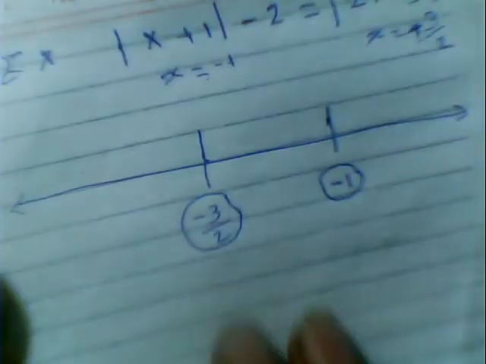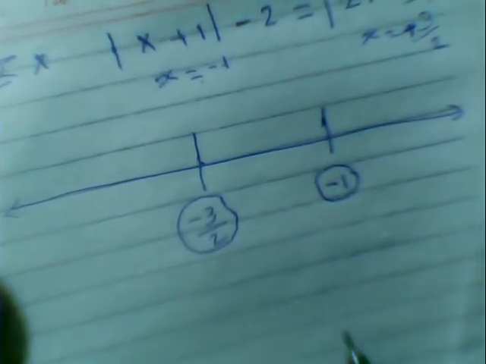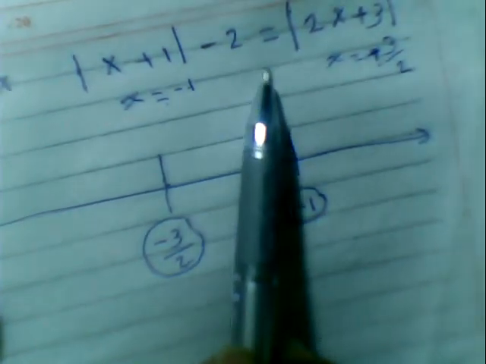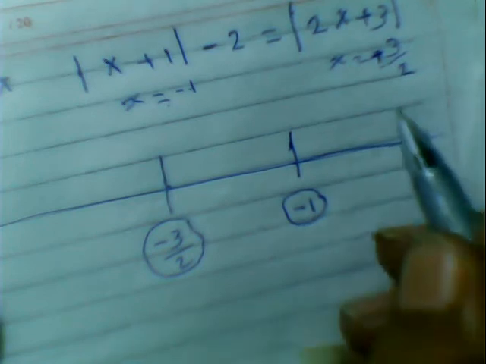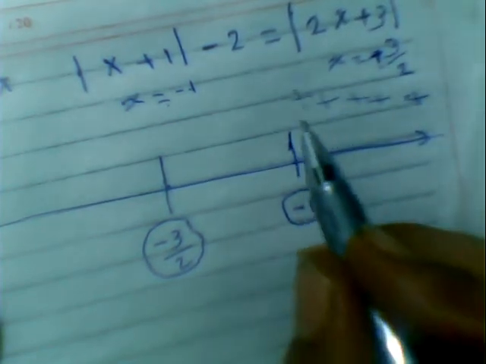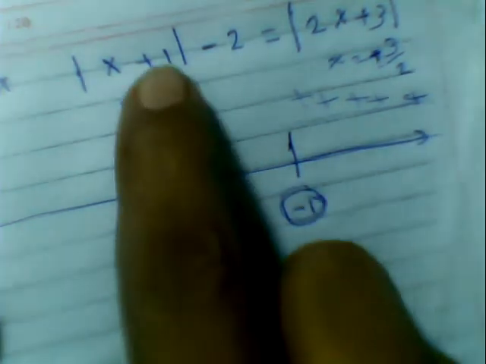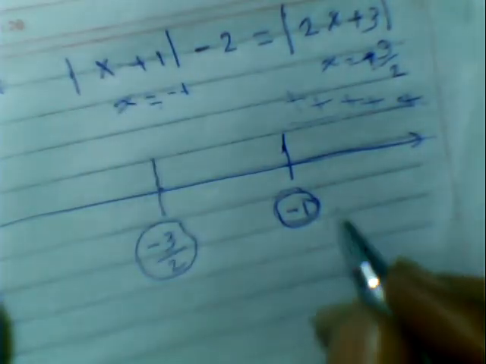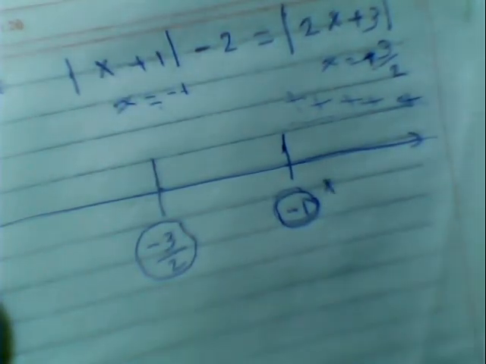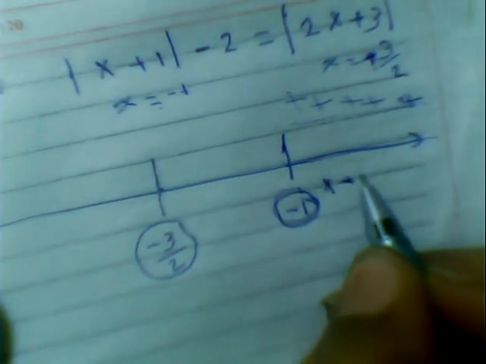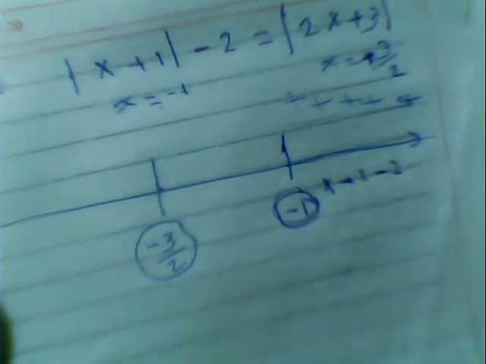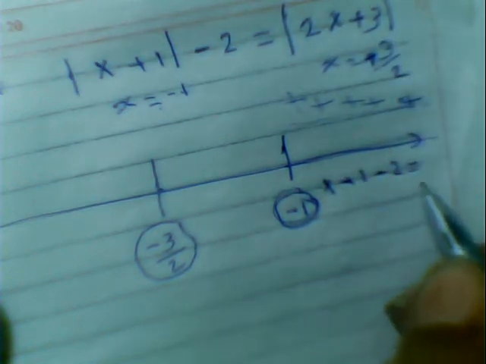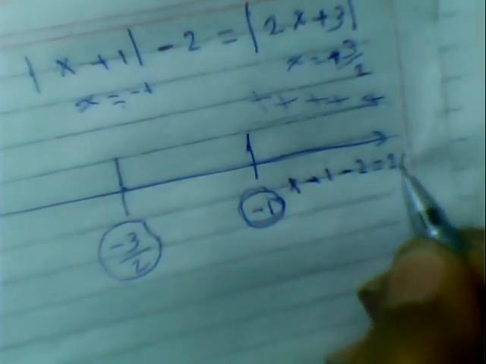We write the equation. For the positive side, we write the equation with the same sign for the modulus: x plus 1 minus 2 equal 2x plus 3.